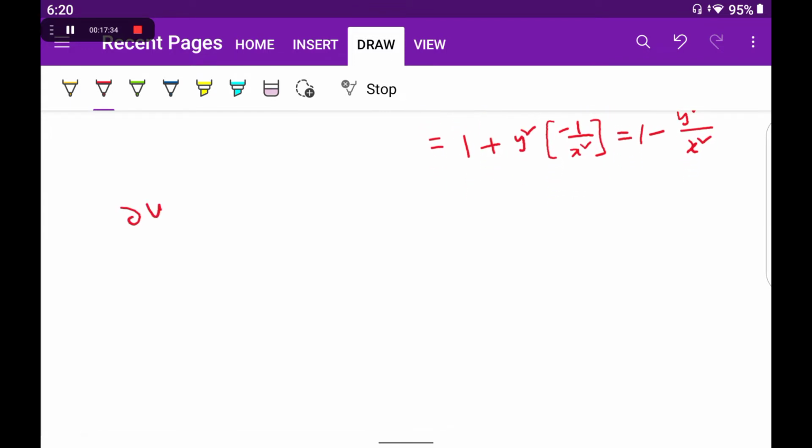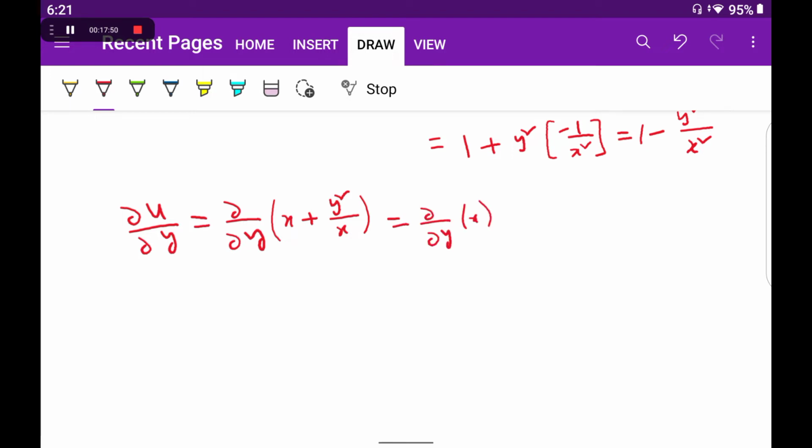Now dou u by dou y. Dou by dou y of u, x plus y square by x. Here it is dou by dou y of x plus dou by dou y of y square by x. Here there is no y in this.